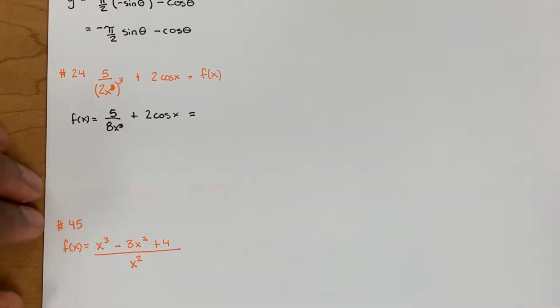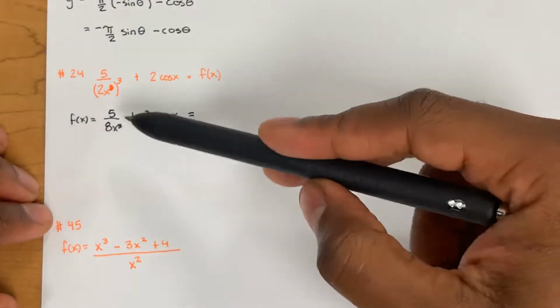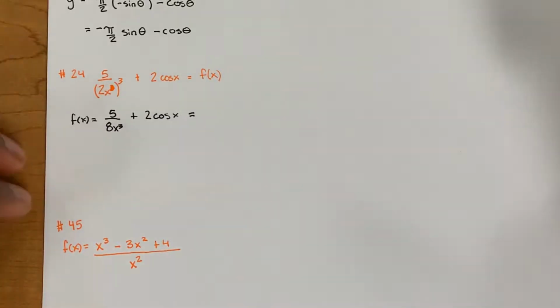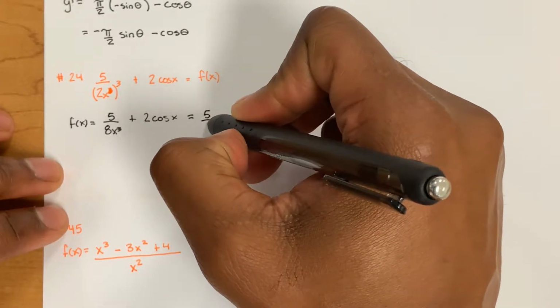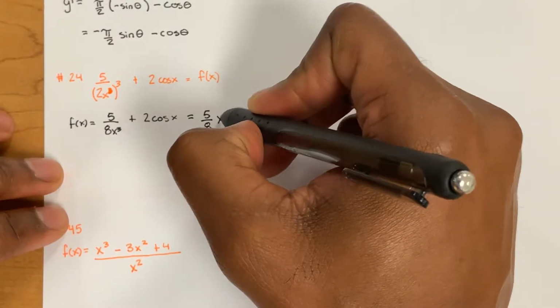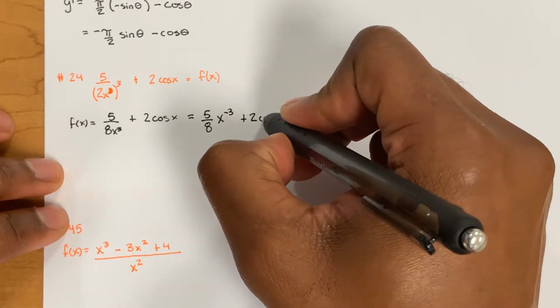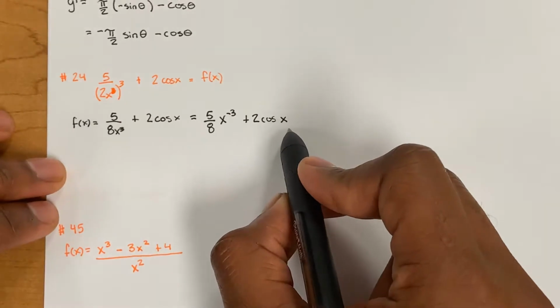So one thing we're going to find out when we're doing derivatives and integrals is that unless we're doing some weird formula, we can't ever do anything with the x in the bottom. So we're going to make this 5 over 8, and we're going to have x to the negative 3 plus 2 cosine x.